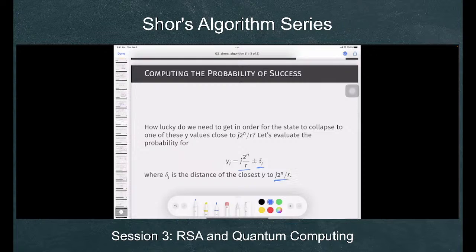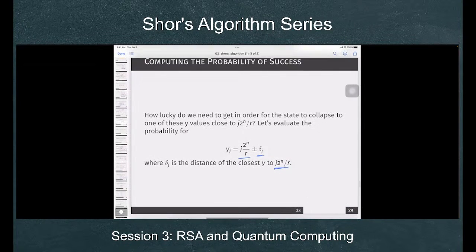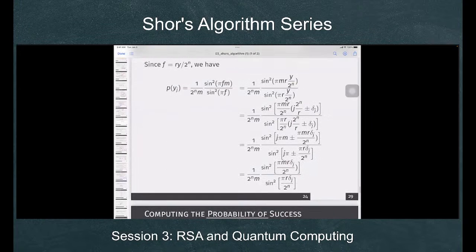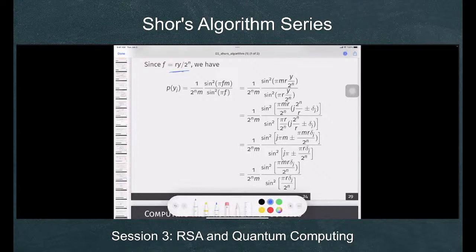So we just plug this into our probability formula. Since f is equal to this one here, the formula becomes this one, so we just put f back.